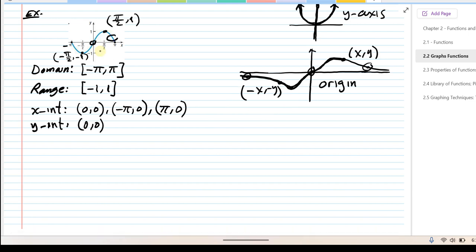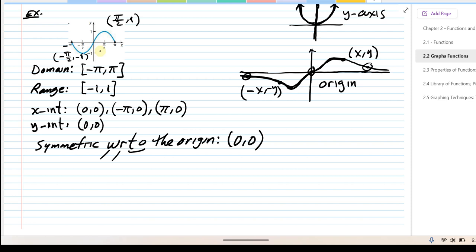For example, the mirror image of this point with respect to the origin is going to be here. Thus, this thing is symmetric with respect to the origin. So we're going to say symmetric with respect to the origin. And the origin, of course, is (0, 0). Again, in this course, if there's symmetry with respect to a point, for us it's going to be the origin.